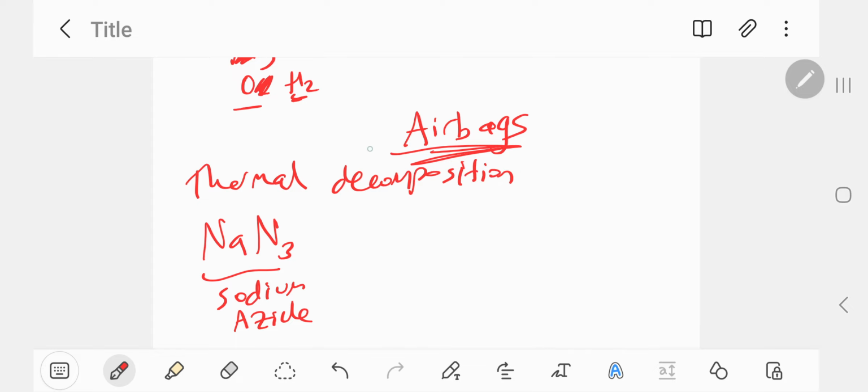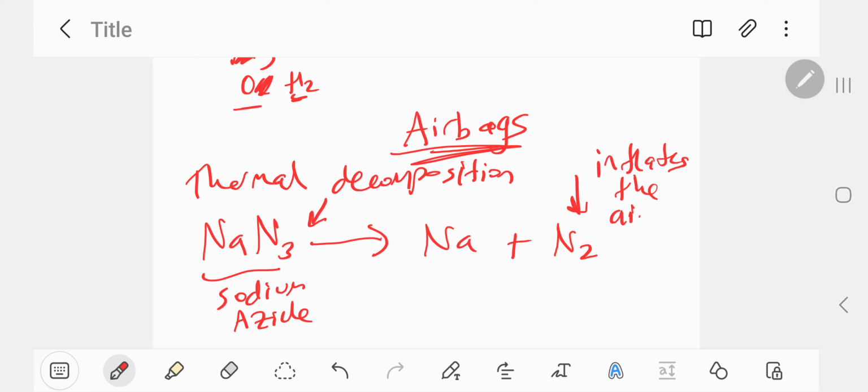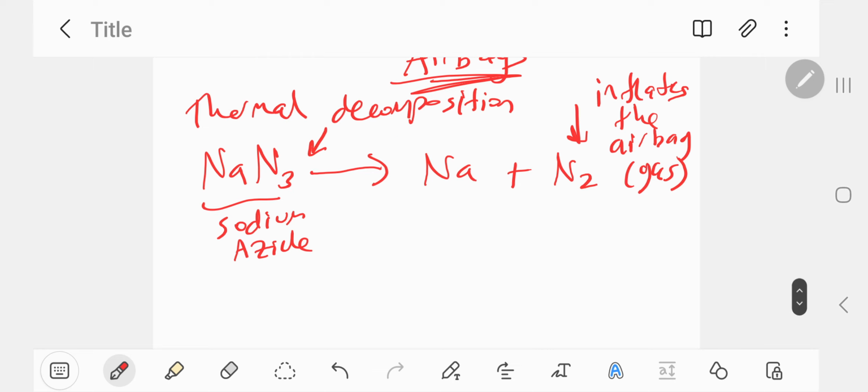It's a very useful application. And this inflates the airbags, and I'll show you how. So this decays into sodium, Na, and nitrogen gas. It's the nitrogen gas that inflates the airbag. Okay, it's a gas. That's why it puffs up.